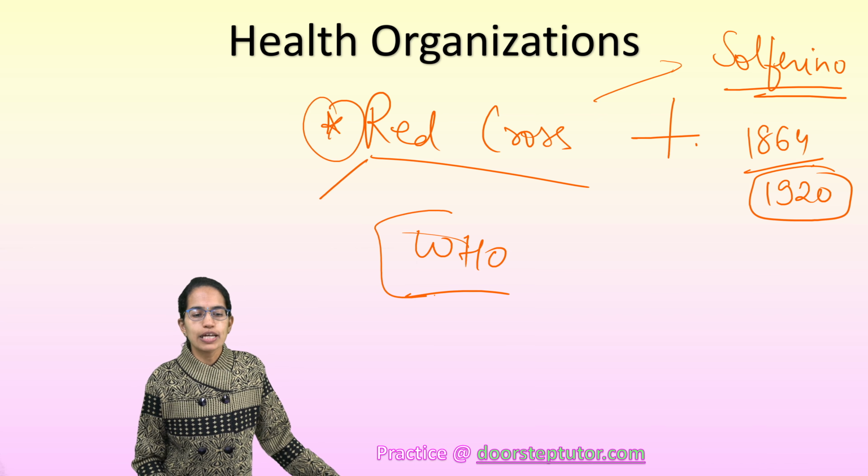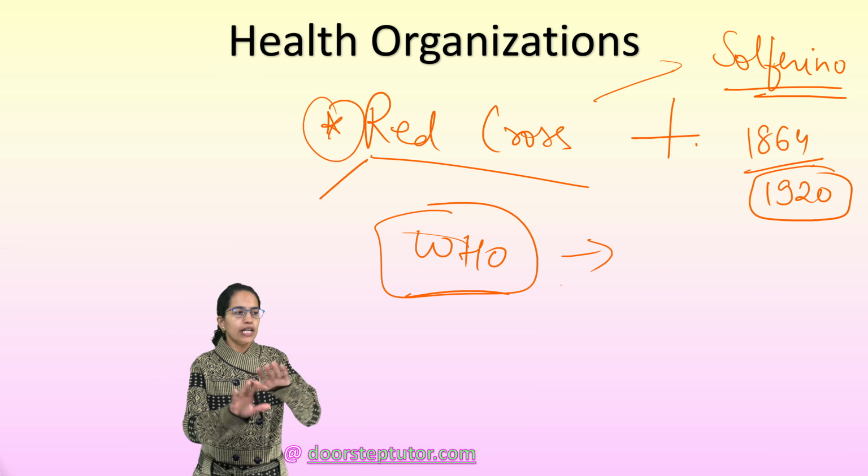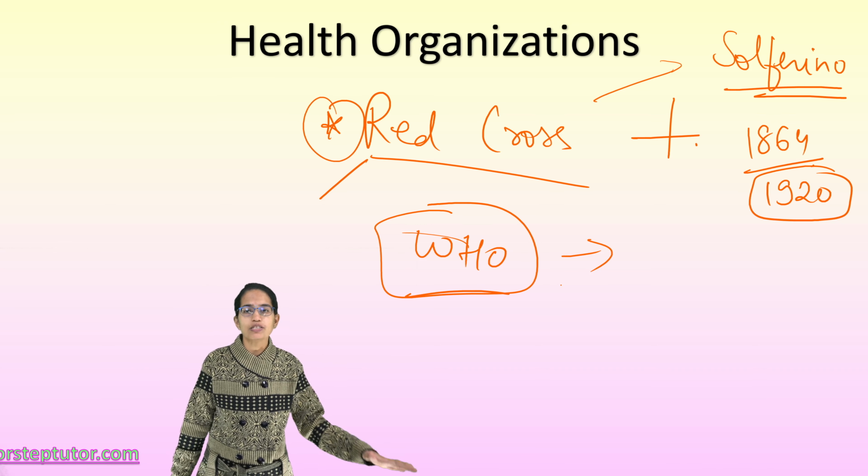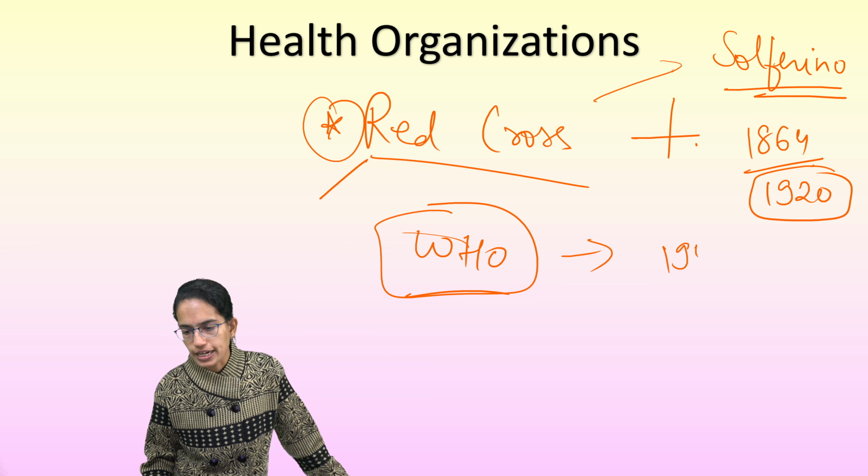The next is the World Health Organization. The work of the World Health Organization has a broad spectrum. The headquarters are located in Geneva, Switzerland, and it was established in 1948.